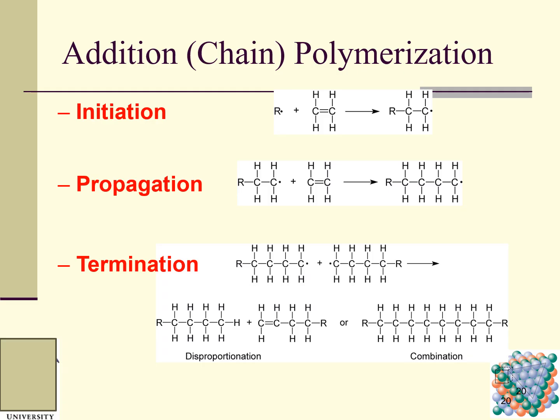Then termination: when two radical chain ends meet, here is H and C, with double bonds, and finally this is combination. You combine them together, and all these carbon atoms are single bonded.